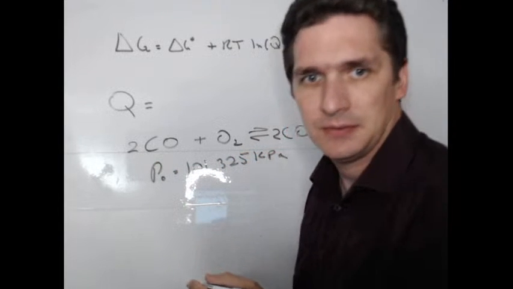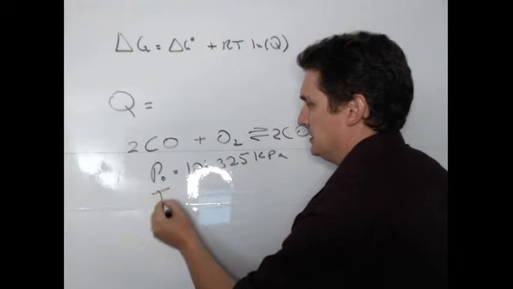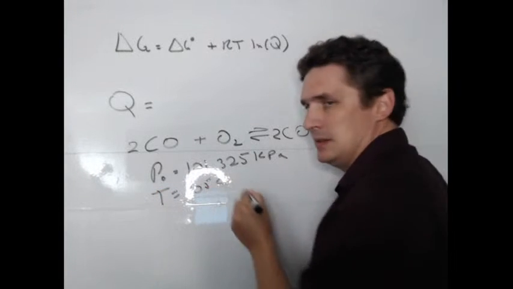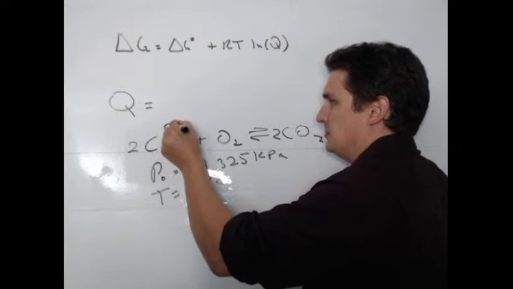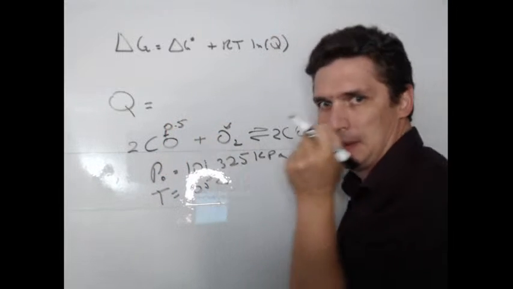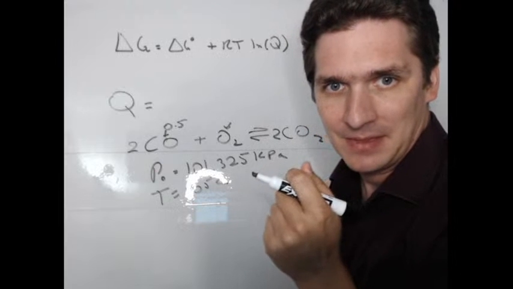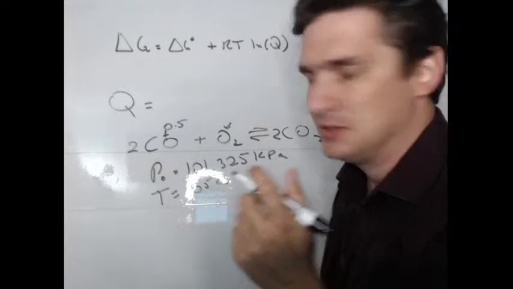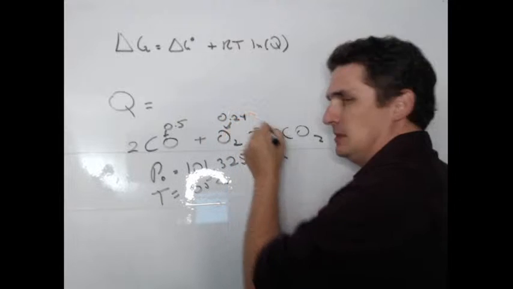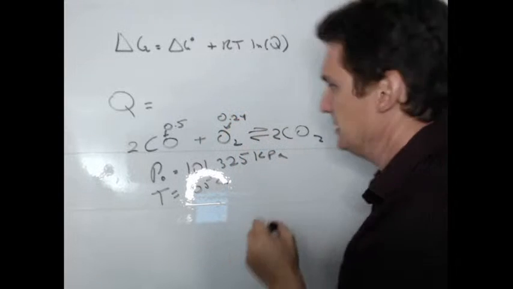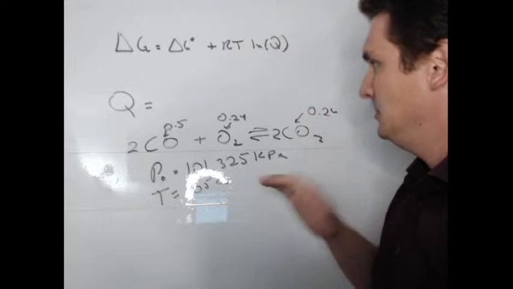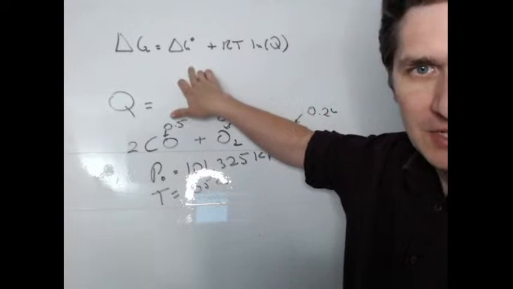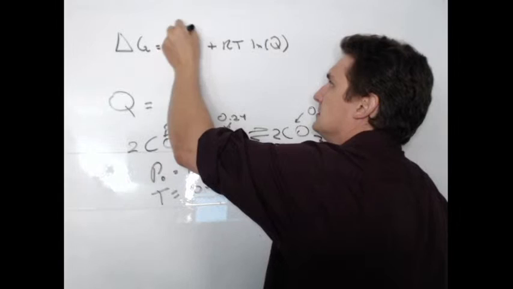The temperature is 800 C. The mole fractions are 0.5, 0.24, and 0.26, and the delta G here is minus 257.